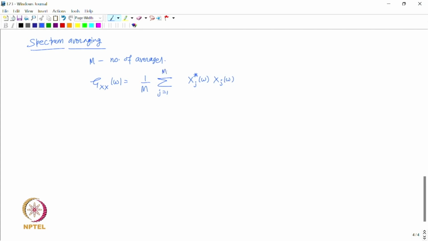So for each j we find the auto spectrum and then we sum all these auto spectrums and divide by m. That gives us the average estimate of the auto spectrum.